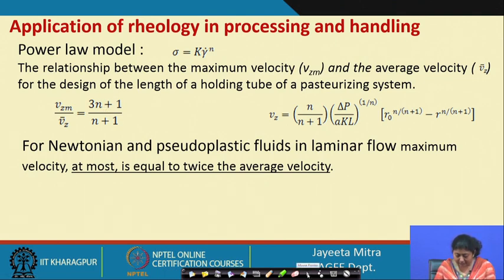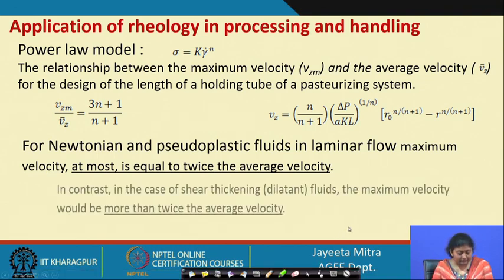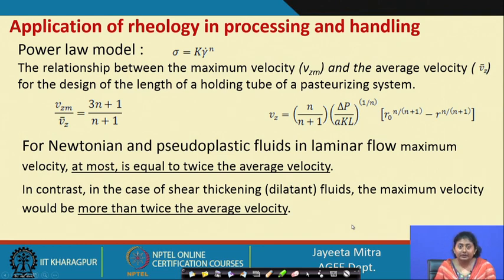average velocity. However, if we deal with dilatant fluid where n is greater than 1, okay, then the maximum velocity would be more than twice the average velocity. That means, the fluid of the other part which is not in the maximum velocity area needs more time to cross from one point to the other.